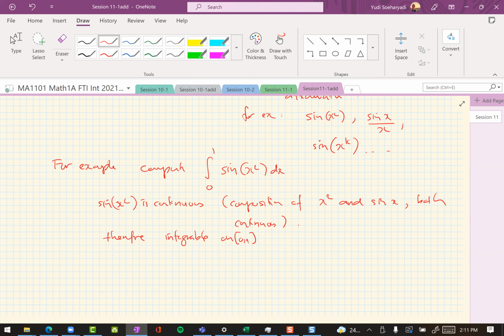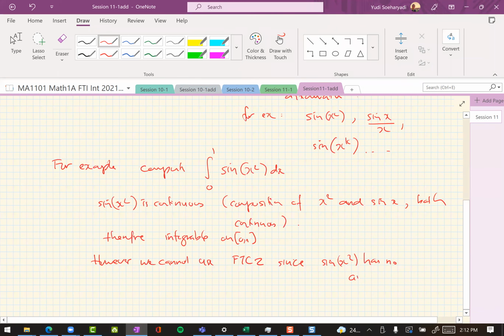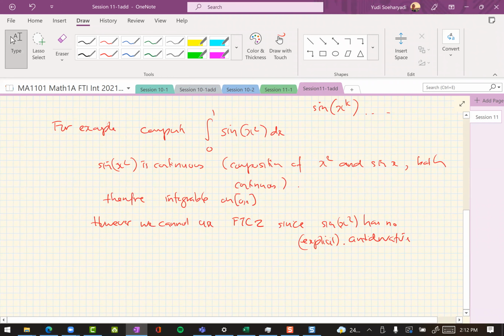But you cannot compute this directly, because using FTC2, sine x squared has no explicit antiderivative. So somehow you have to find a method to compute this one.